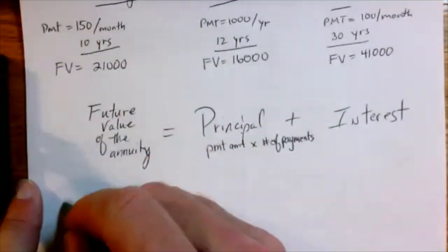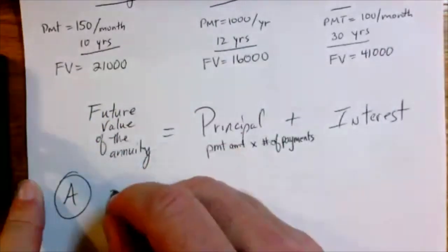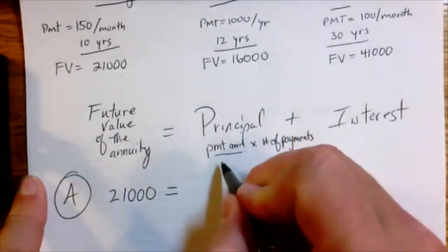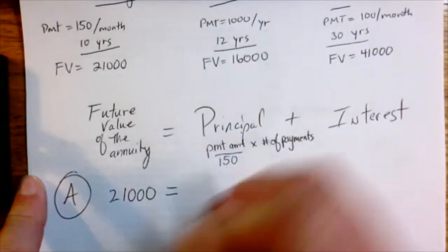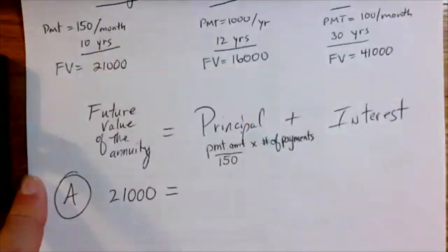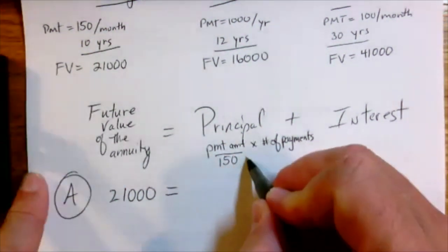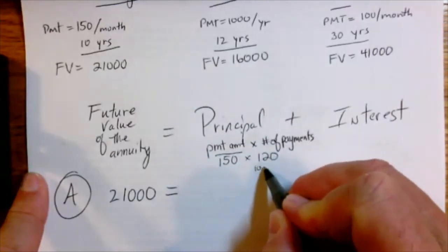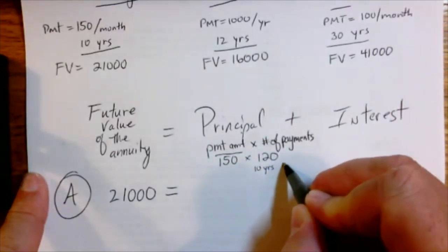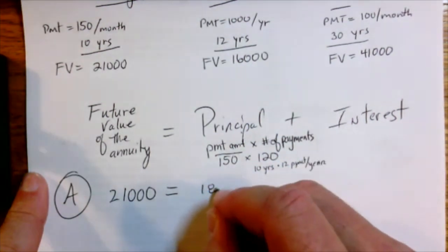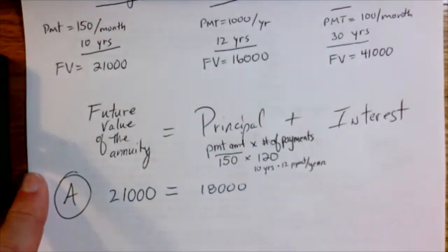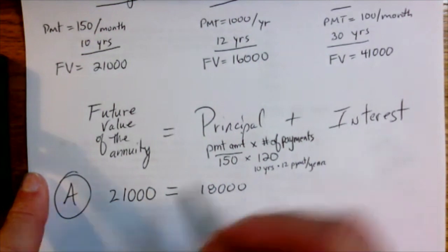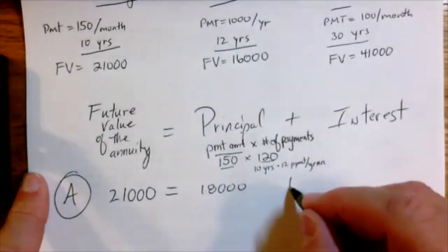In part A, the future value is $21,000. Our payment is $150, made 12 times per year for 10 years. So that is 120 payments, and I think that's $18,000 if you multiply those two numbers, plus interest.